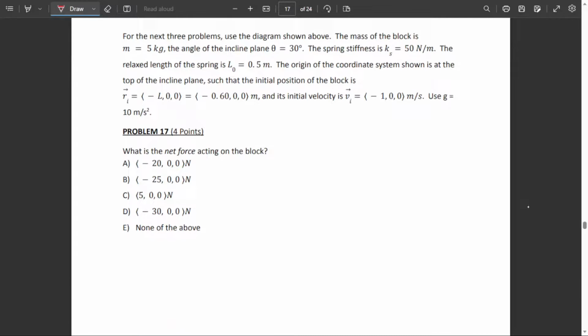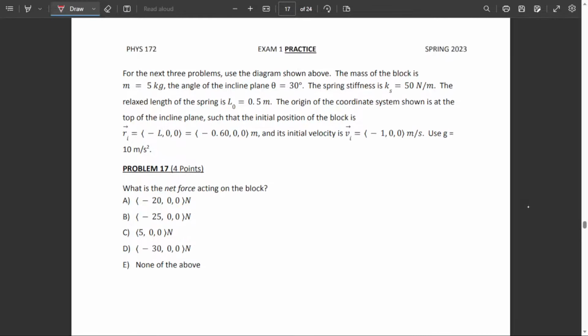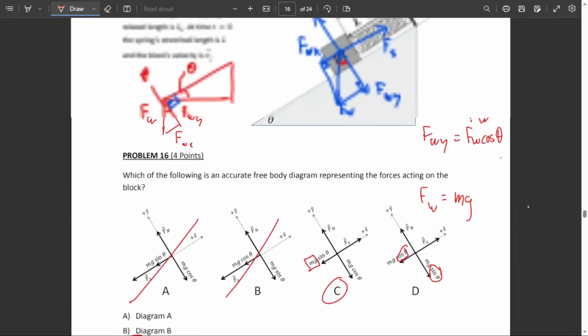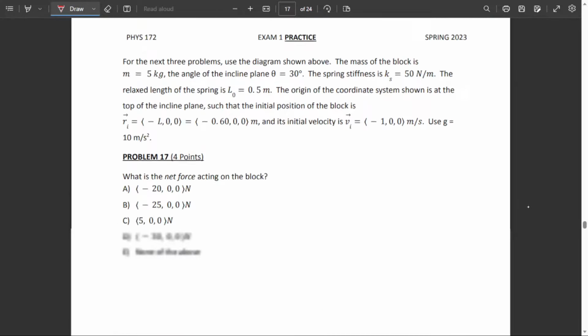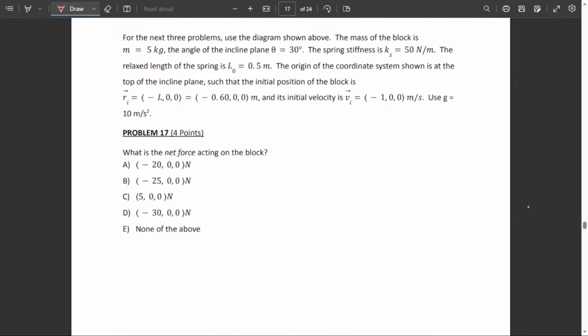Alright, what is the net force acting on a block, given all those parameters up there? Well, net force is just all the forces summed up. So F net's going to equal gravity plus spring plus normal force.